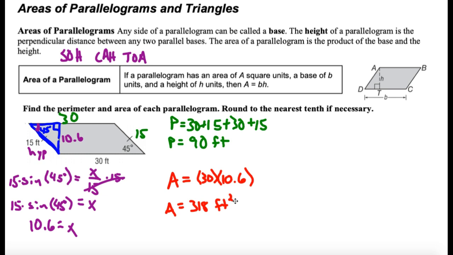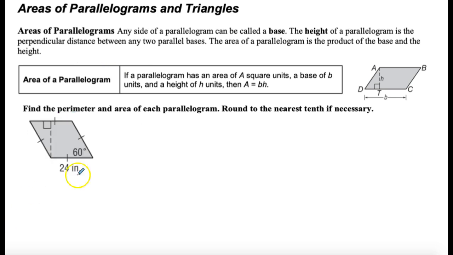All right. Let's do one more example like this, where we need to use trig to find a missing piece of information. On this one, we're just right off the bat told that all four sides are the same. These markings, remember, tell me that sides are the same. So right off the bat, I know everything is 24 inches.